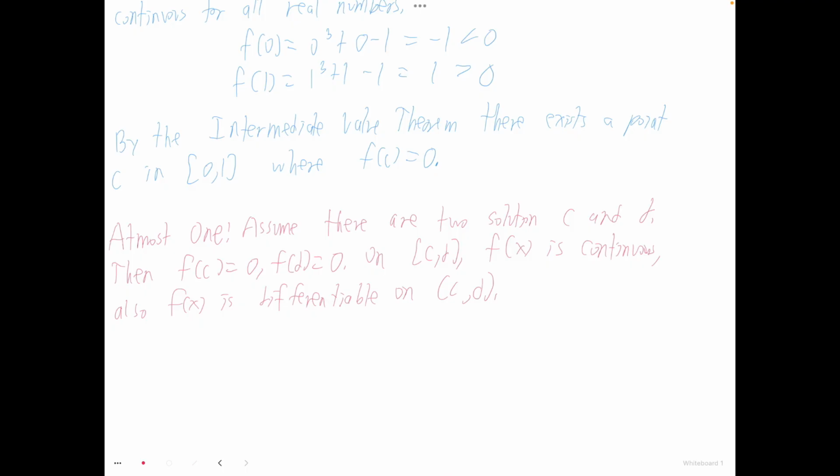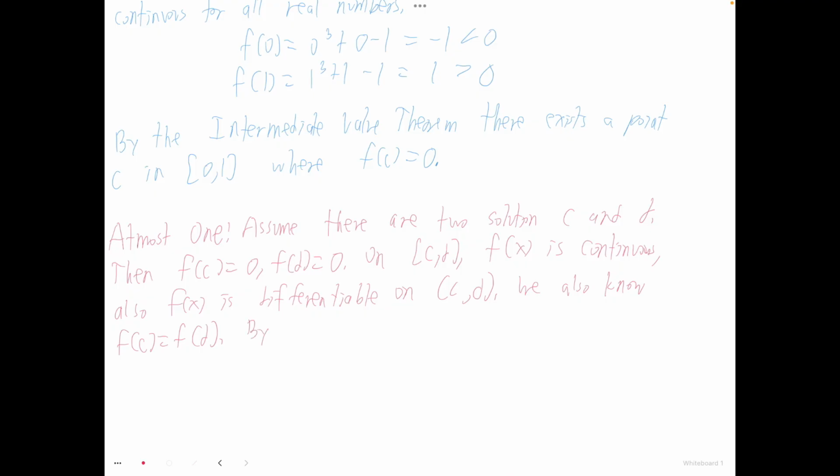Okay, and so we have these two pieces, but we also know that f of c equals f of d. They are both 0, so they're equal. And so these are the three conditions for Rolle's theorem. We have to be continuous on a closed interval, differentiable on an open interval, and have the same y-coordinate at the start and the end, which we meet all those conditions.